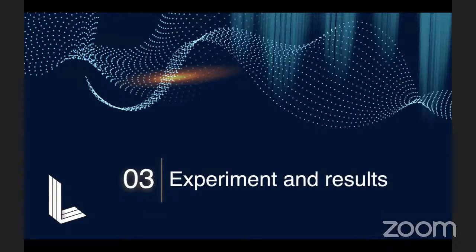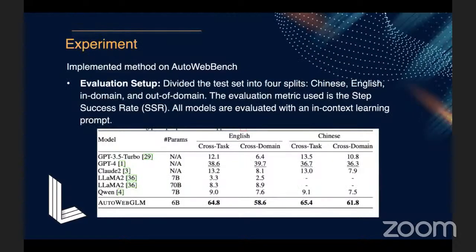Now we can look at some experiments and results of the method implemented on AutoWebBench. For the evaluation setup, the authors who implemented AutoWebBench evaluated in this particular manner, dividing the test set into four splits: Chinese, English, in domain, and out of domain.